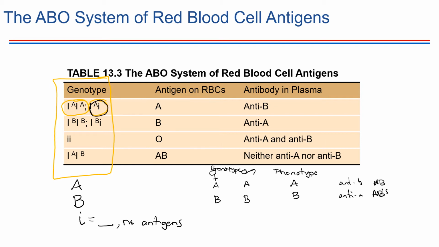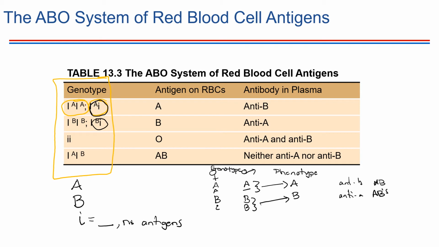Now, what they are showing you on here is something a little bit different. I didn't say it with this first one. They have this AI. All that that's saying is that you can actually have A from one parent and a blank from another parent, and you're still going to end up with type A. With type B, you could get a blank from one parent, so we'll make that an I, and a B from another parent, and you're still going to get type B. So that's what these guys are referring to, just the little blanks.